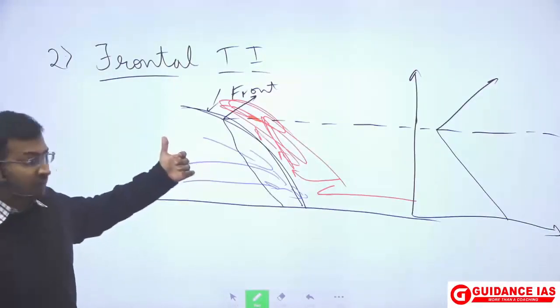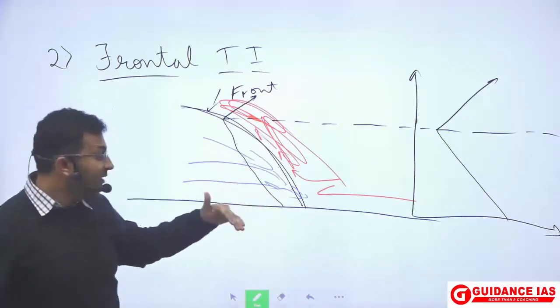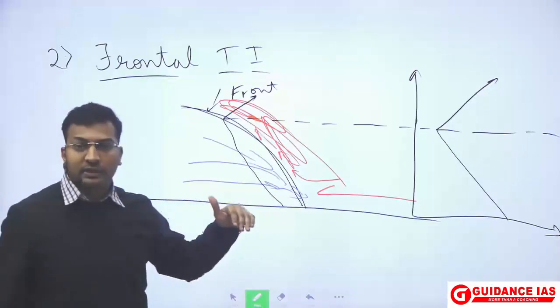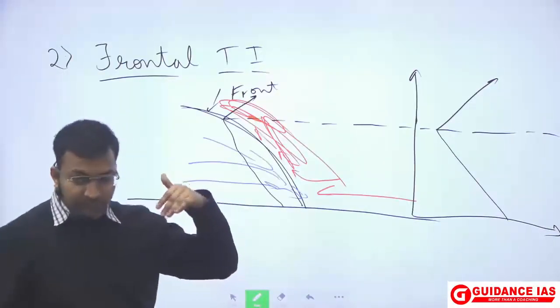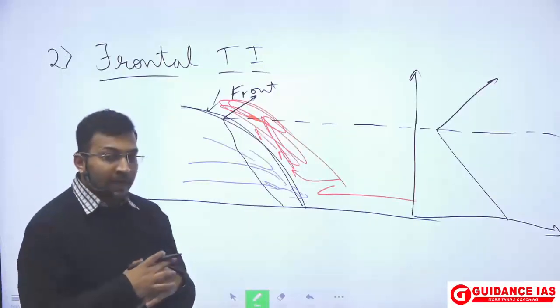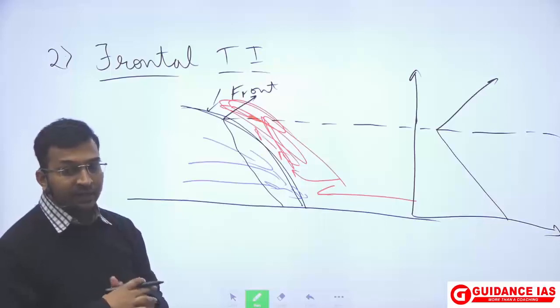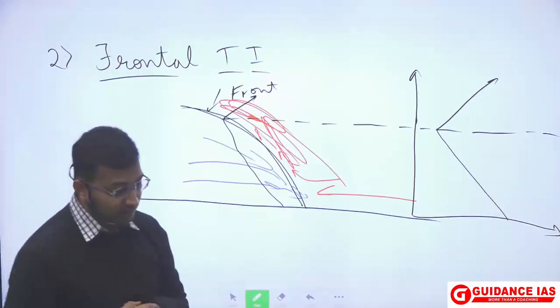In frontal inversion, there is formation of a front due to two convergent air masses. The cold, denser air mass pushes the warm air mass above, ultimately leading to the formation of temperature inversion.